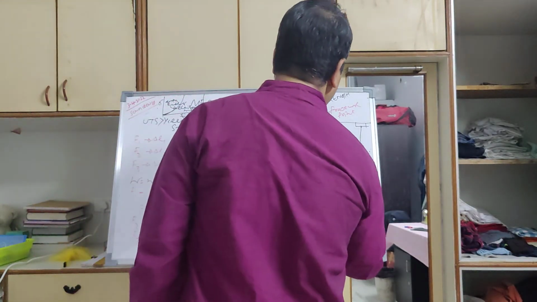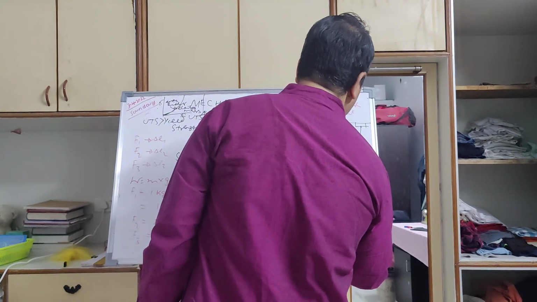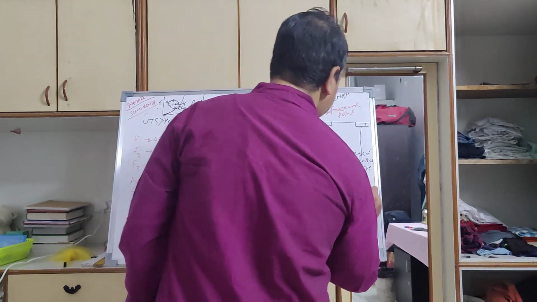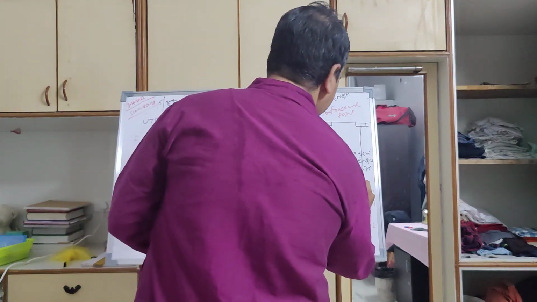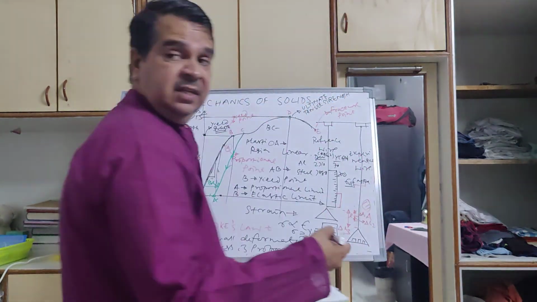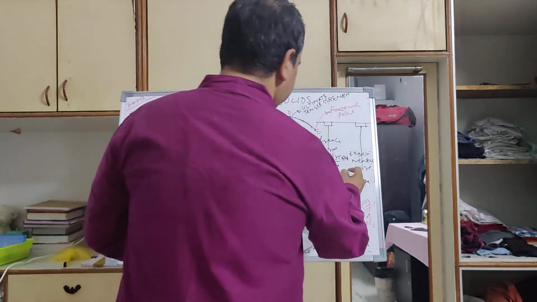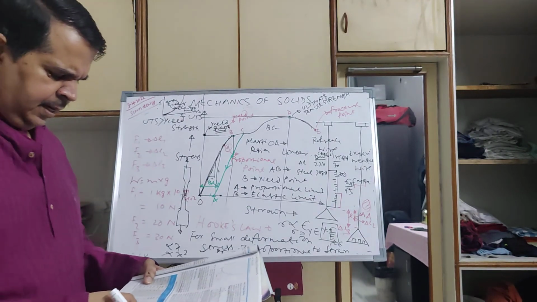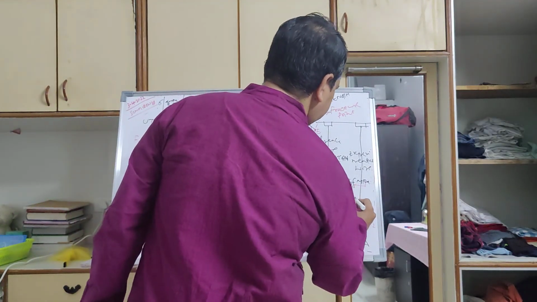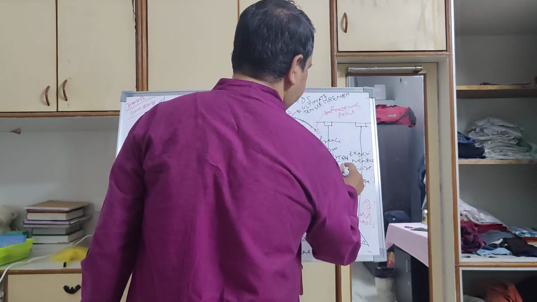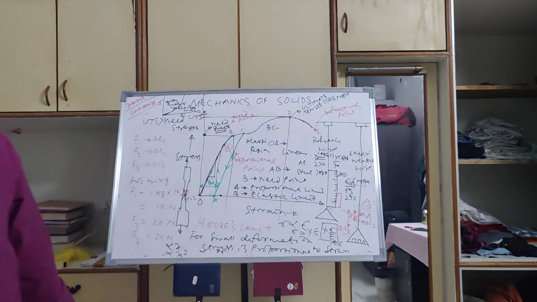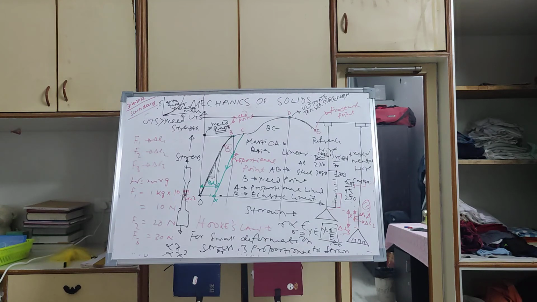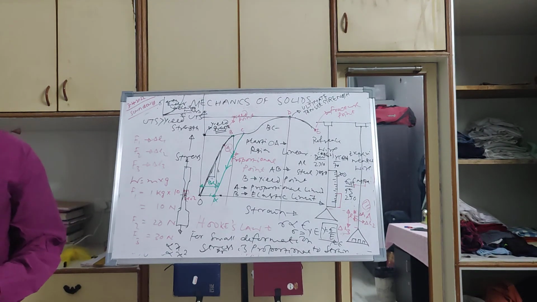The ultimate strength, UTS, is also in MPa, around 95 MPa for aluminium and 250 MPa or in that region for steel. So Young's modulus in GPa is almost 1000 times more than the yield or ultimate strength in MPa. That you have to remember.